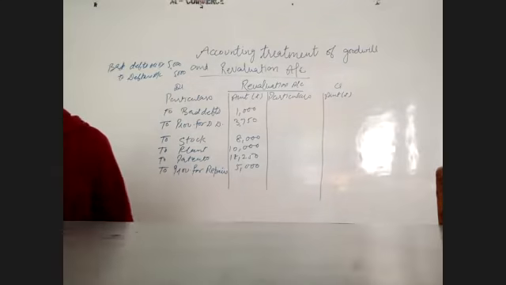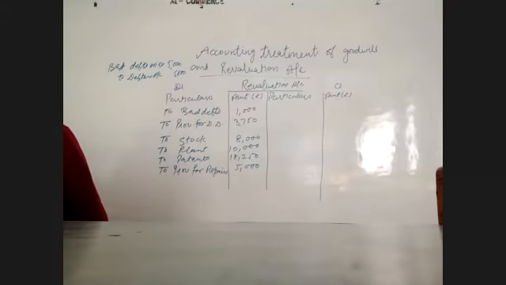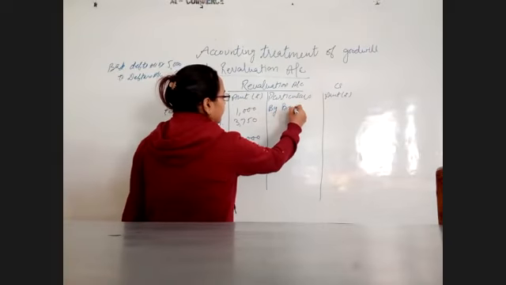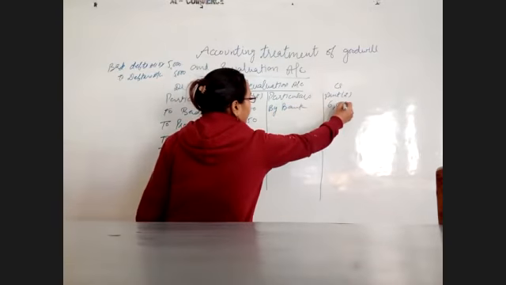But since the scrap has gone from the firm, the entry is bank account debit to revaluation account. Okay, note down the entry: bank account debit to revaluation account. So we will show in revaluation by bank 6,000.